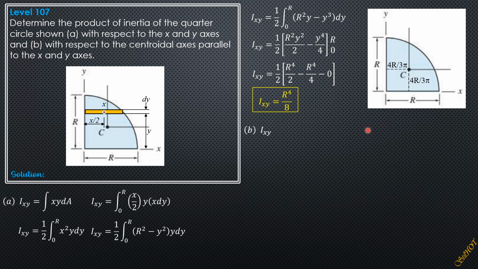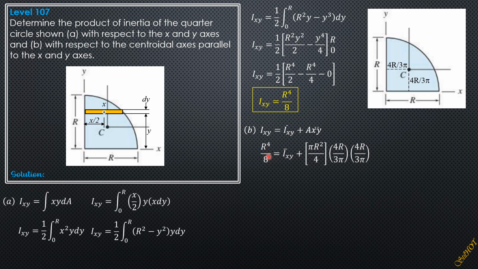So Ixy equals I barred xy plus area of quarter circle times barred x barred y. So r to the 4th over 8 equals I barred xy plus pi r squared over 4 times quantity 4r over 3 pi times 4r over 3 pi.